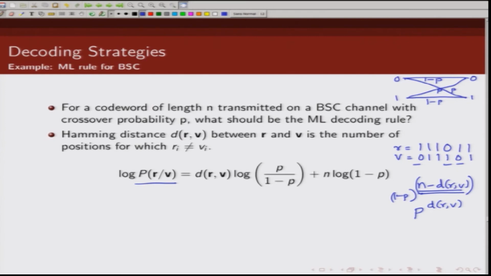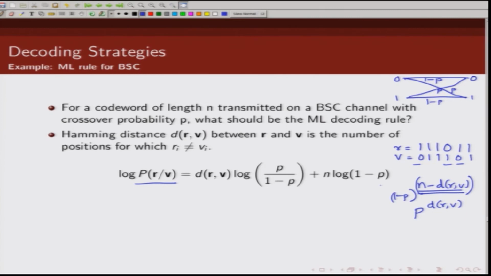Now, if we take log on both sides, this becomes n minus d times log of 1 minus p plus d times log of p. Now, we take the terms containing d(R,V) out. So, what we will get is d(R,V) log of p by 1 minus p plus n times log of 1 minus p.